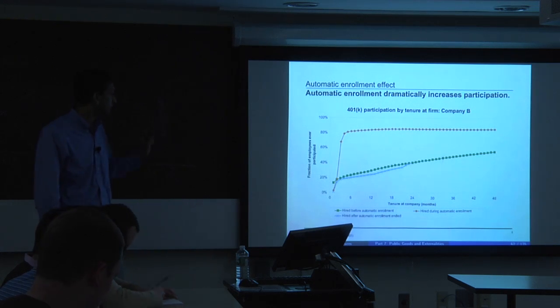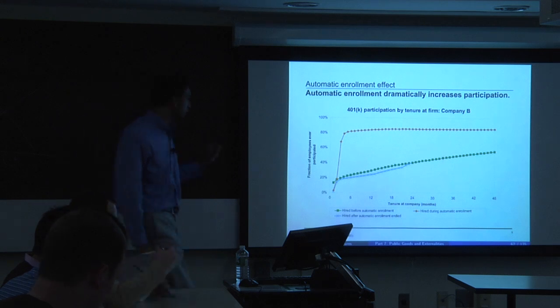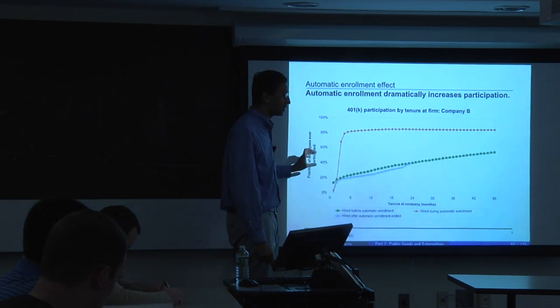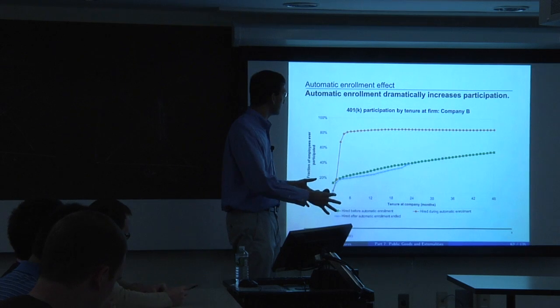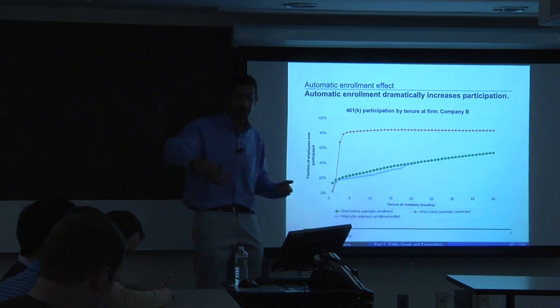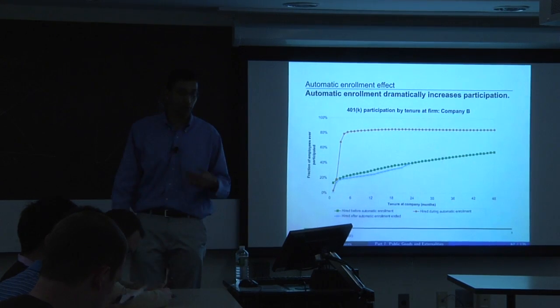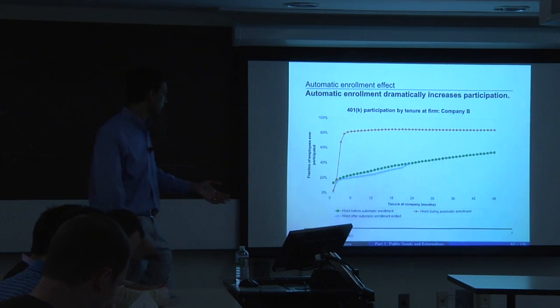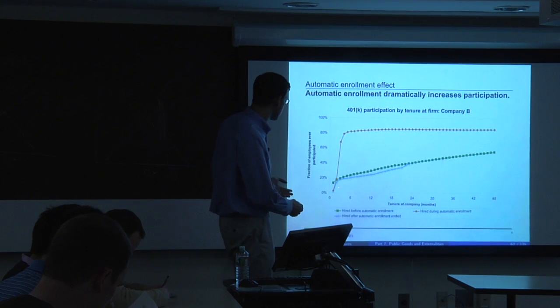So they look at a company which switched to an automatic enrollment policy in a couple of years and then switched back to the policy they had before where you had to sign up for 401ks if you wanted to. It was totally optional, okay? So they compare three groups.